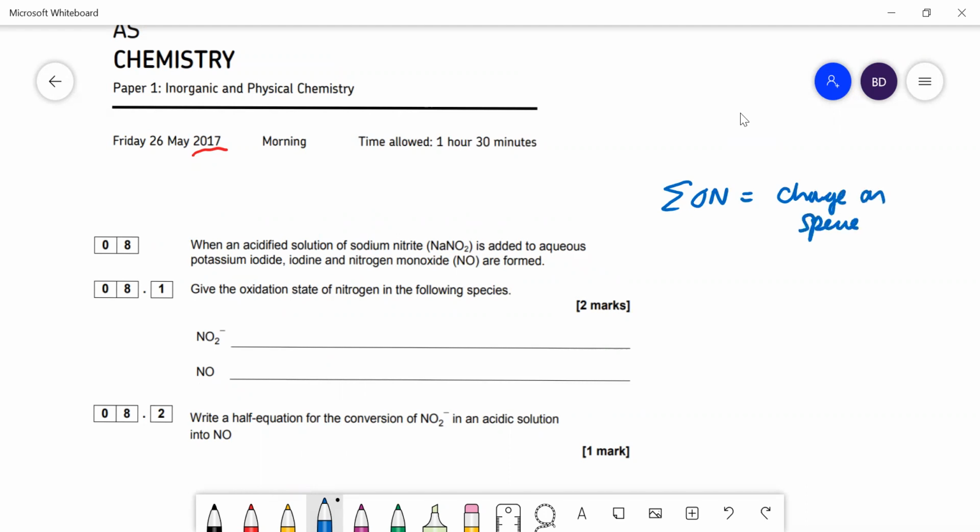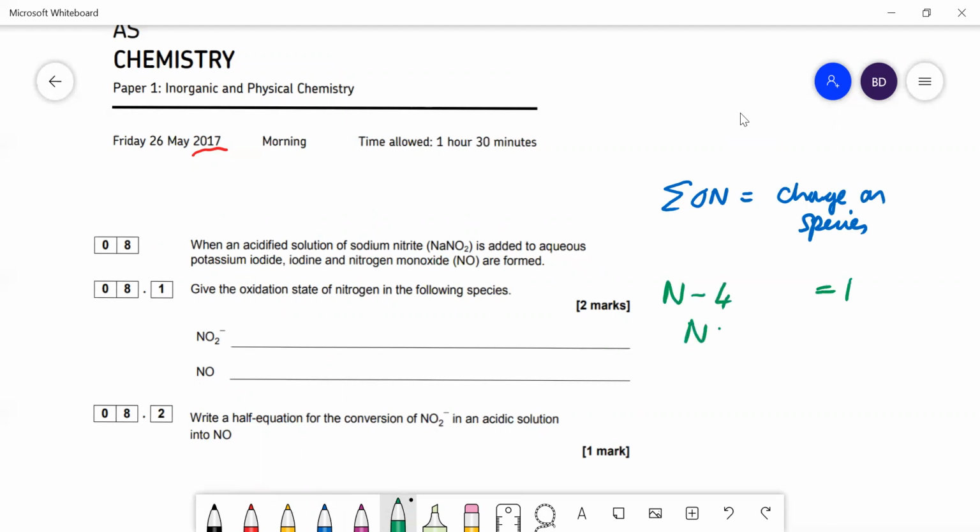Right, so let's do the nitrite ion first. The charge on the species is going to be -1. Nitrogen we don't know, so call that N. Oxygen has always got an oxidation number of -2, so there's 2, so that's -4 for the oxygens.